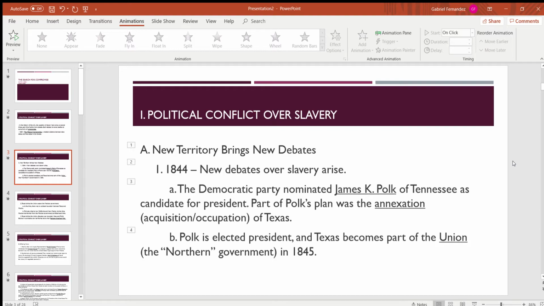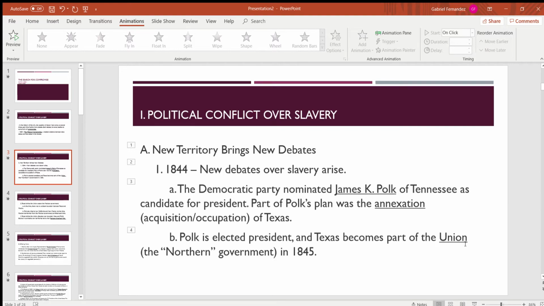At the time, the Democratic Party, different from the Democratic Party as we know it today, nominated James K. Polk out of the state of Tennessee as their candidate for president. Part of Polk's plan was the annexation, which means the acquisition or occupation, of Texas. Polk is elected president, and immediately after that, Texas becomes part of the Union.